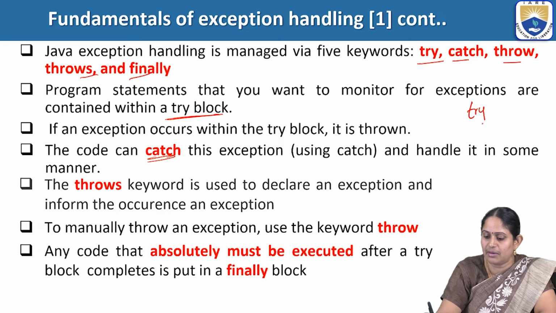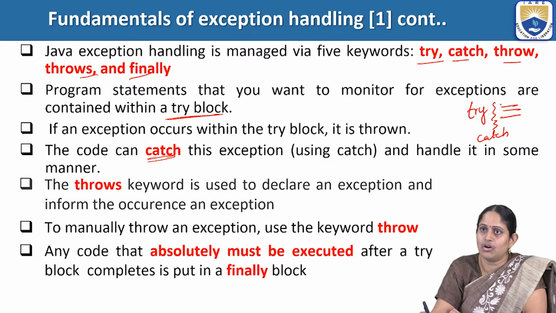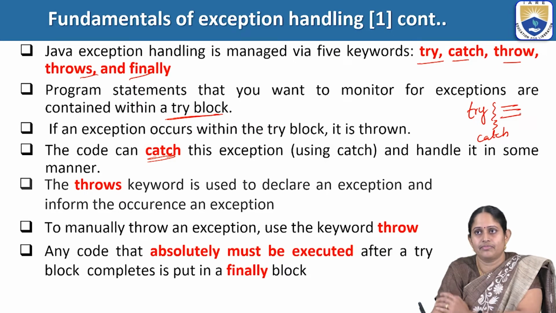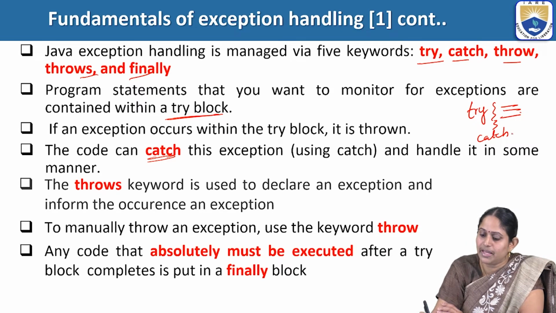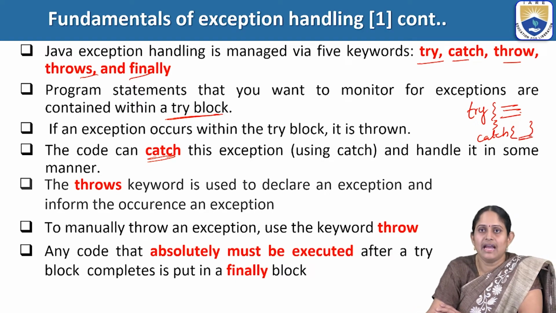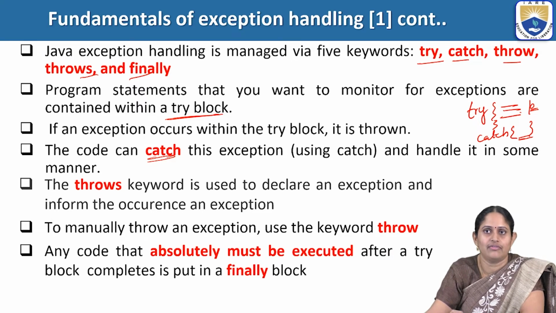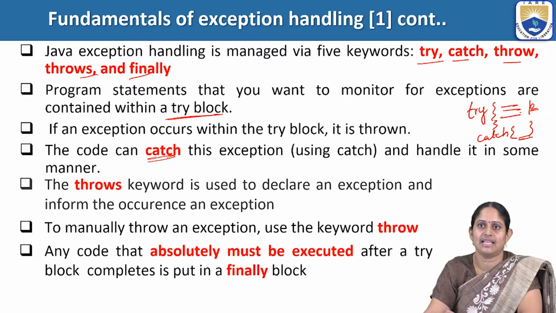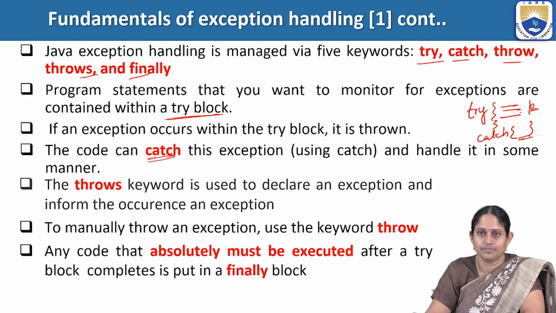So we always have a try block followed by a catch block. All the statements present inside the try block will be monitored for exceptions, and whenever any statement throws an exception, it will be caught by the catch block and handled. For example, if the denominator is 0, we can put a message saying that the denominator is 0, you have to give a non-zero denominator. Some messages like that can be kept inside the catch block.